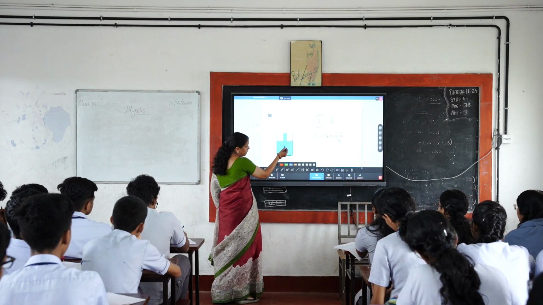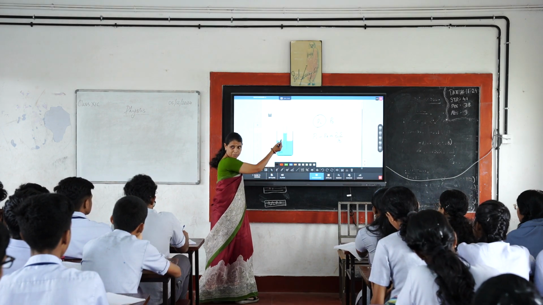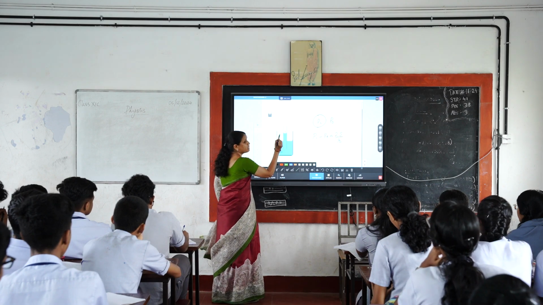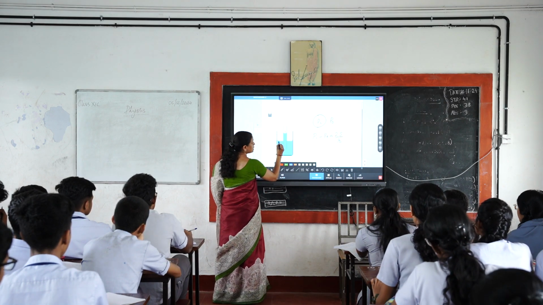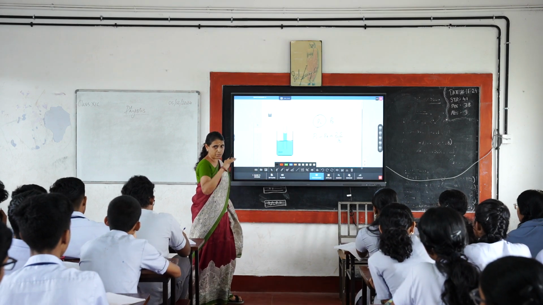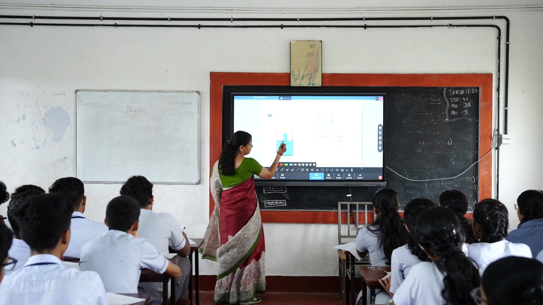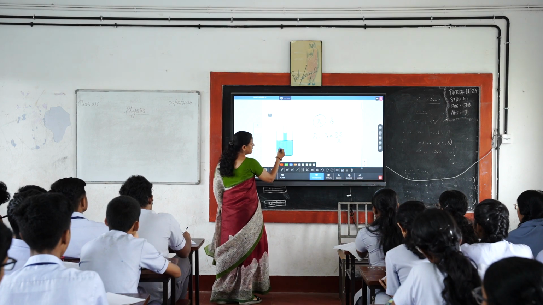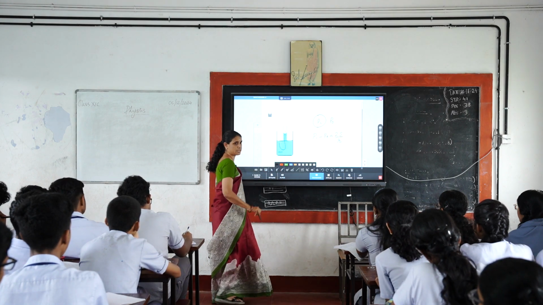So the liquid rises through this capillary tube to balance the pressure, because the pressure at this level should be the same. Pascal's law states that pressure will be the same. So if the pressure has to be the same, then the liquid has to rise through this.